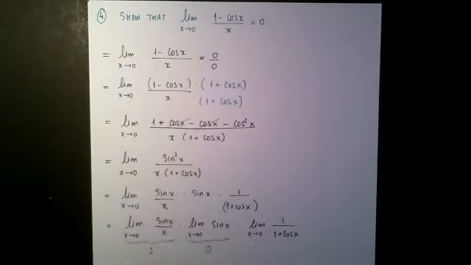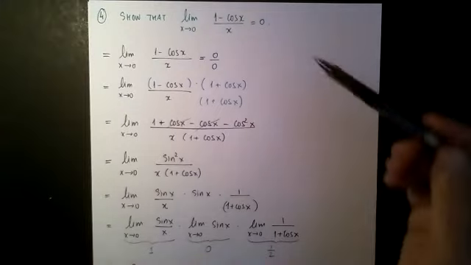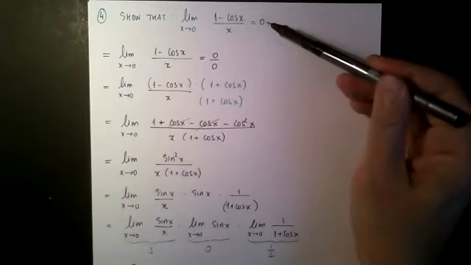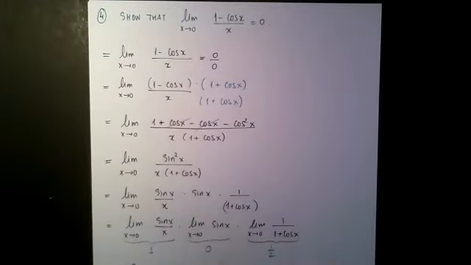This is 0. And this is 1/2. So the answer will be 1 times 0 times 1/2, so it's 0. That's how I proved that the limit is 0. And we proved the second identity, given that we know this one, right? We know that this is 1.